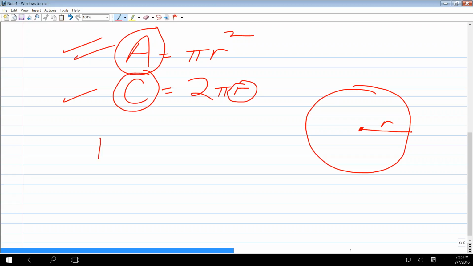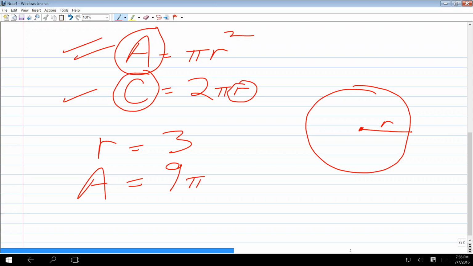If I had a radius of 3, what would the area be? Plug it into the area formula. Well, I would need pi and then 9. So pi times 9, and we write that like that.